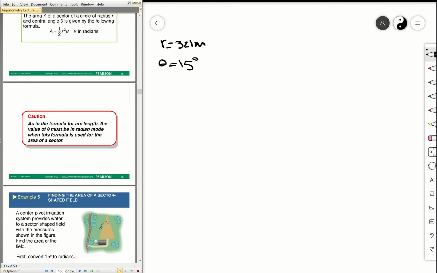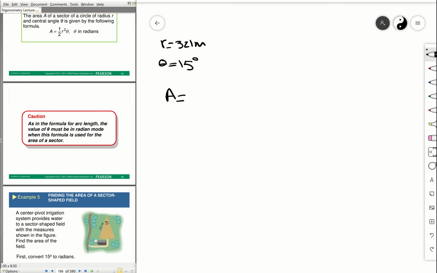Remember, this time you're finding the area of a sector, so that's the formula you need to write down first. The area of a sector, as you recall, is 1/2 r squared theta. r is the radius of the circle and theta is the central angle in radians. Never forget that the angle needs to be in radians.